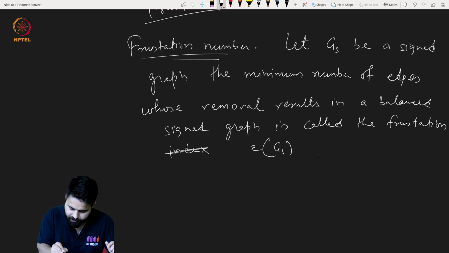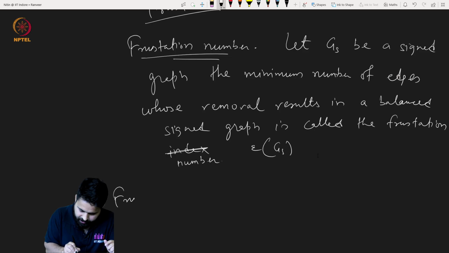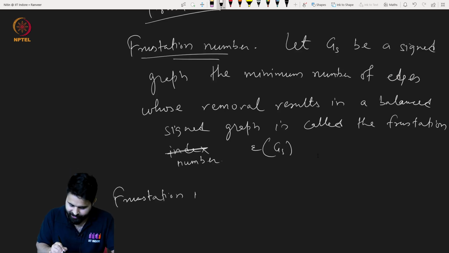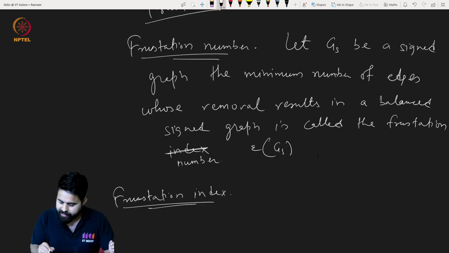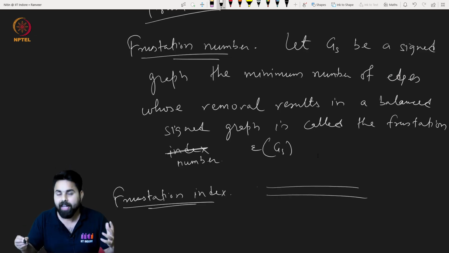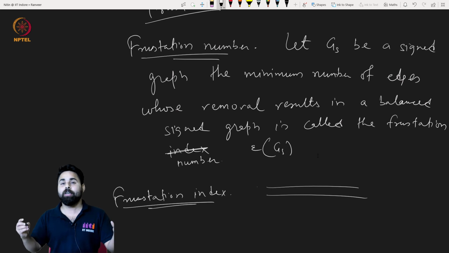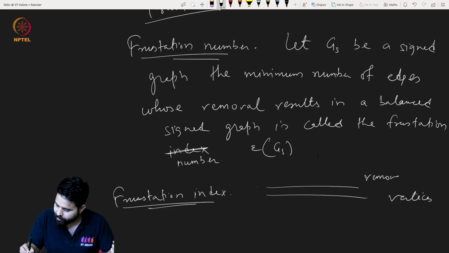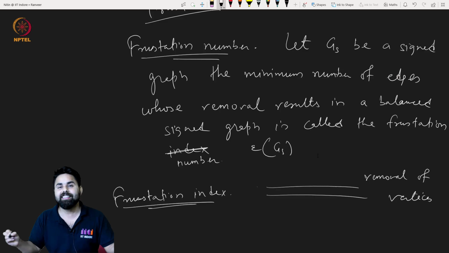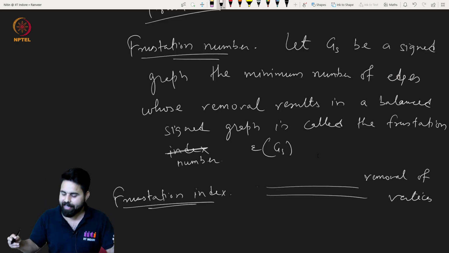And similarly, this is the frustration number and this is the frustration index. I'm making a mistake in the spelling again. The frustration number is the same parallel definition, but instead of edges, you remove vertices, such that the resulting graph is a balanced signed graph.